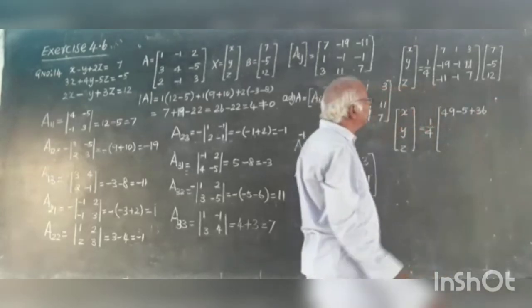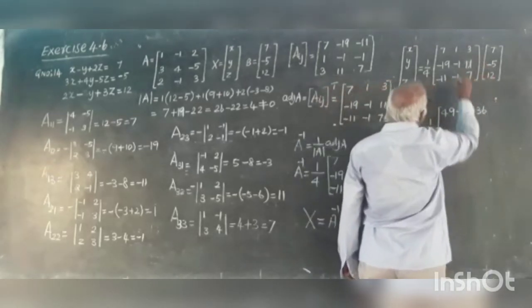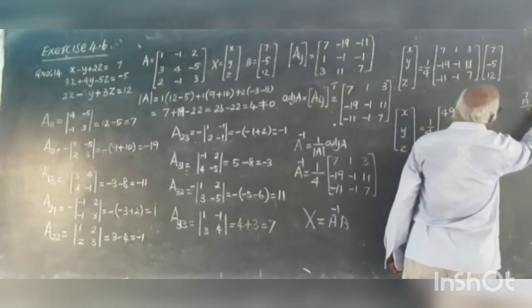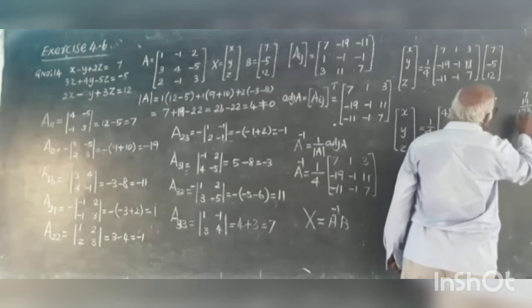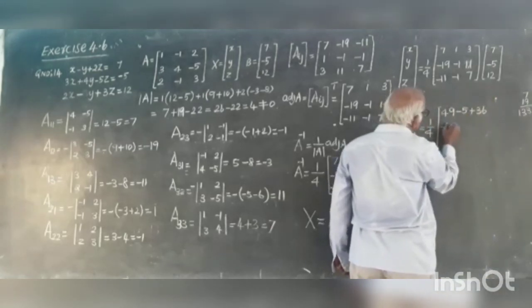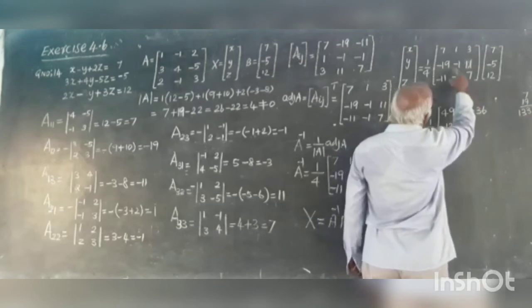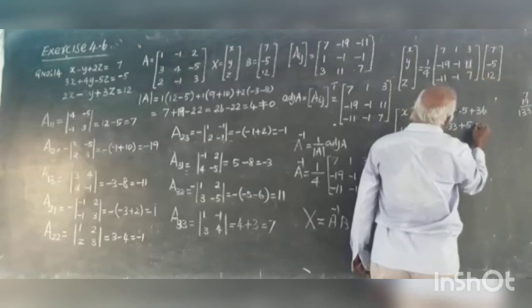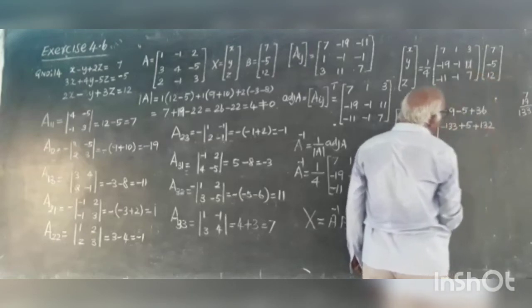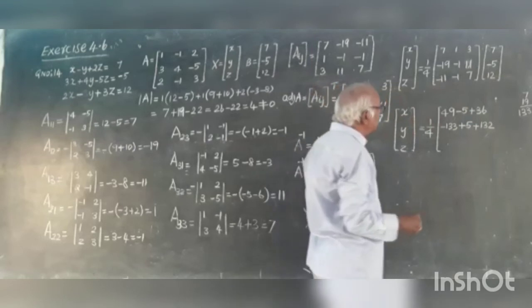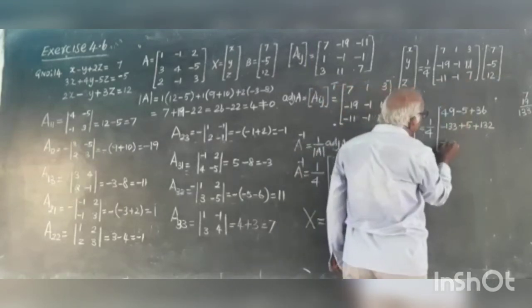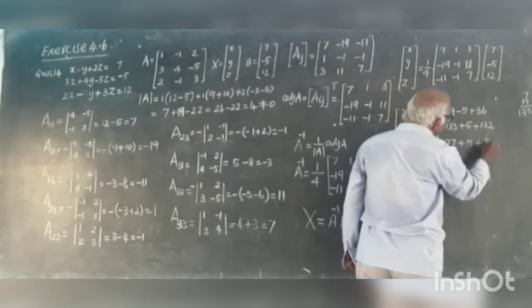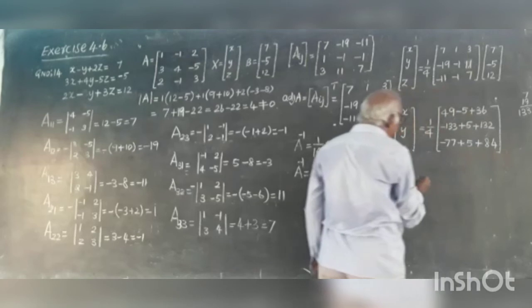Then minus 7 into 19, minus 133, plus 5, plus 11 12 are 132... then minus 11 into 7, minus 77, plus 5, plus 84.